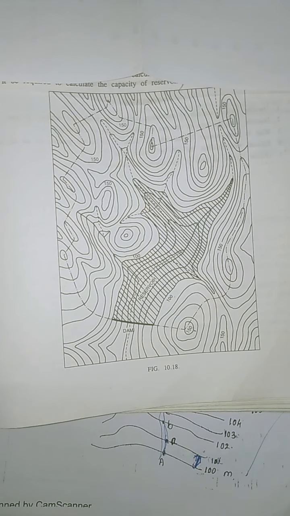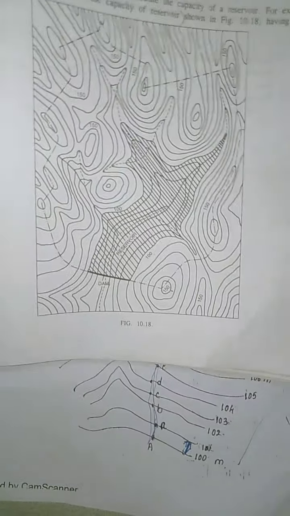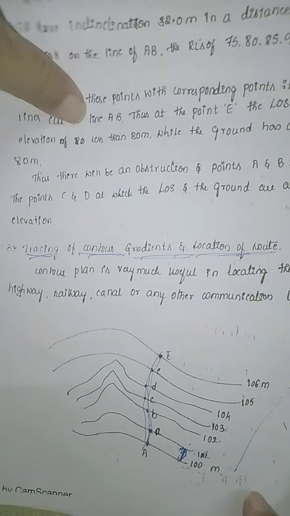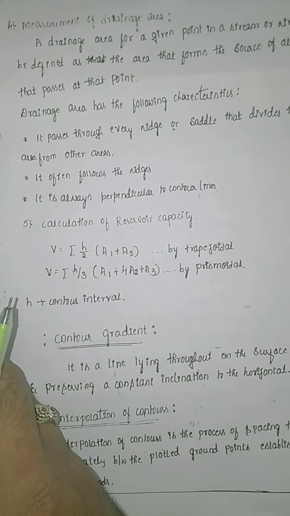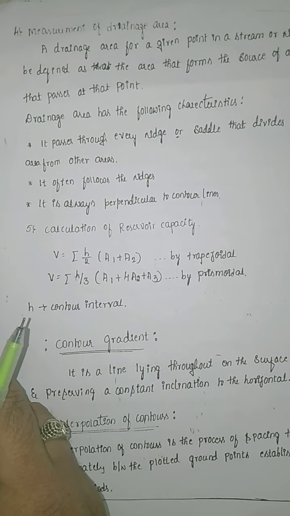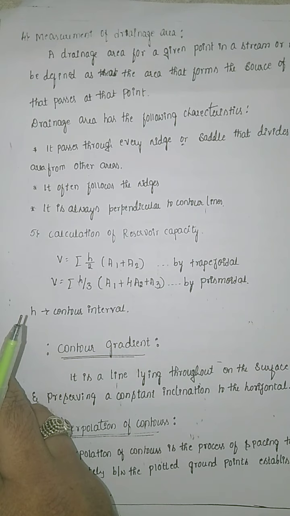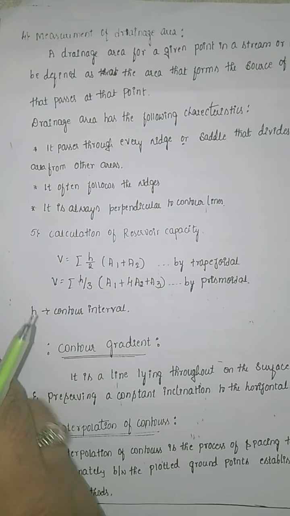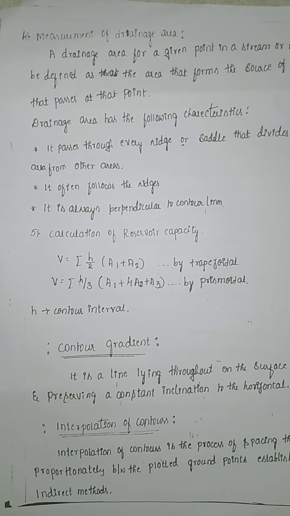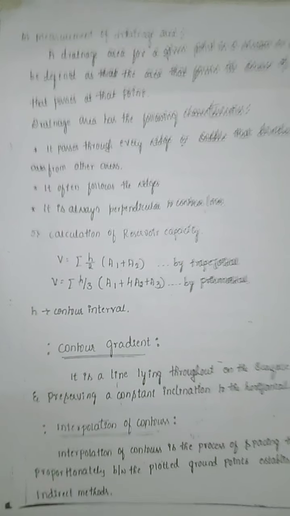Whatever area those RLs are covering, we calculate by planimeter, and finally by using either the prismoidal rule or the trapezoidal formula, we can determine the capacity of a reservoir. So this is what we can do by having contour maps.